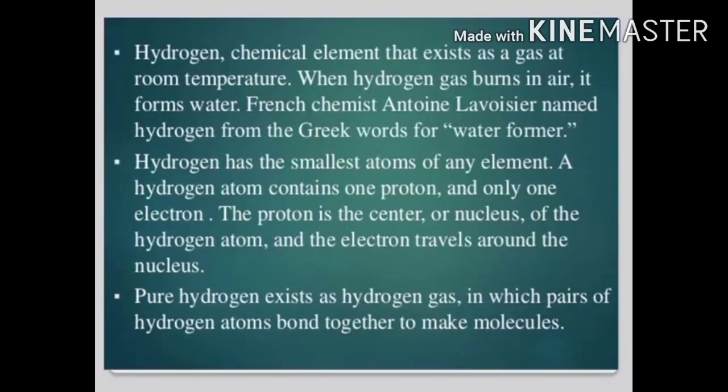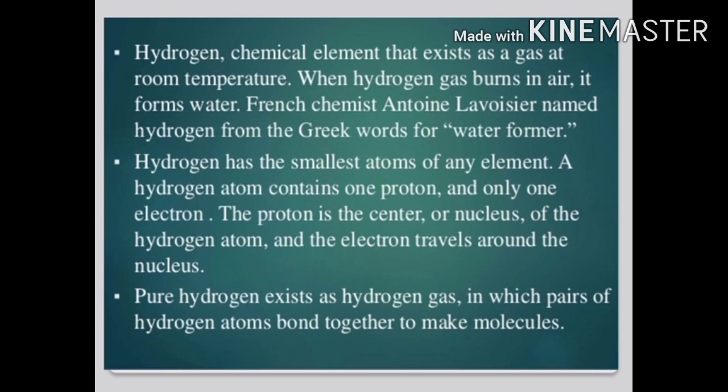Yes, hydrogen is a chemical element that exists as a gas at room temperature. That means at normal room temperature, hydrogen is a gas. When hydrogen gas burns in air, it forms water. So the scientist Antoine Lavoisier named hydrogen from the Greek word for water former. Hydrogen is the smallest atom of any element.